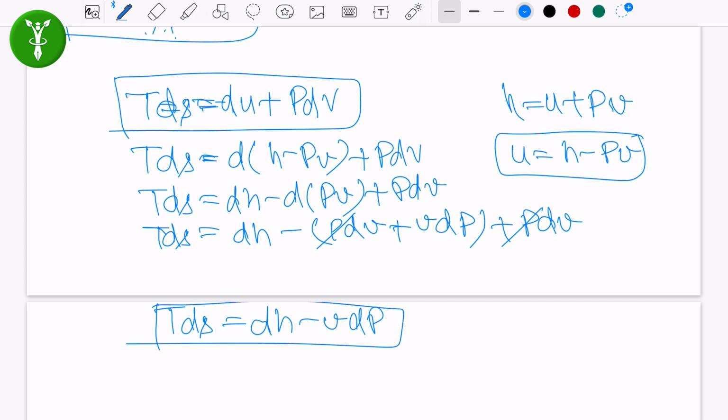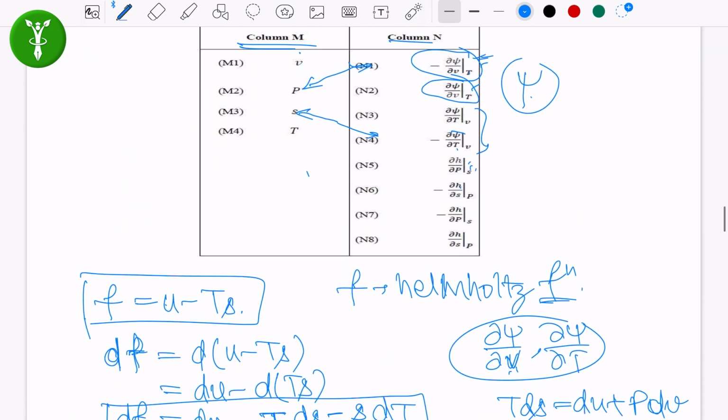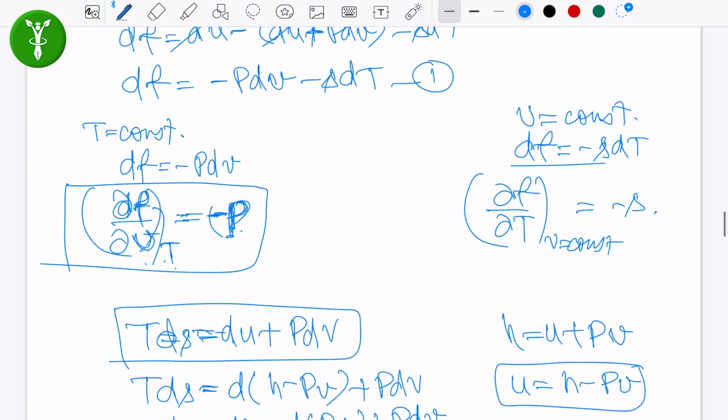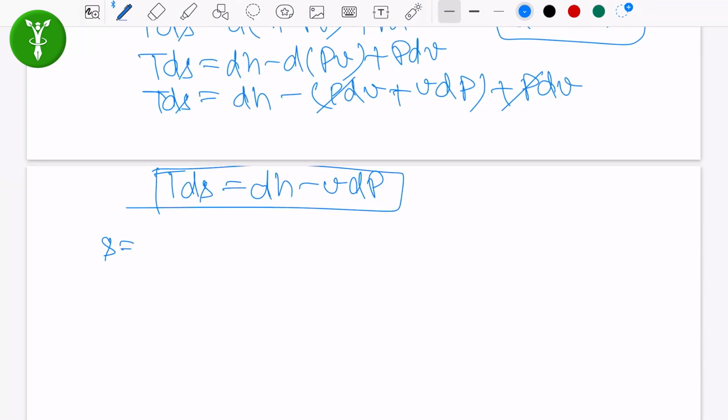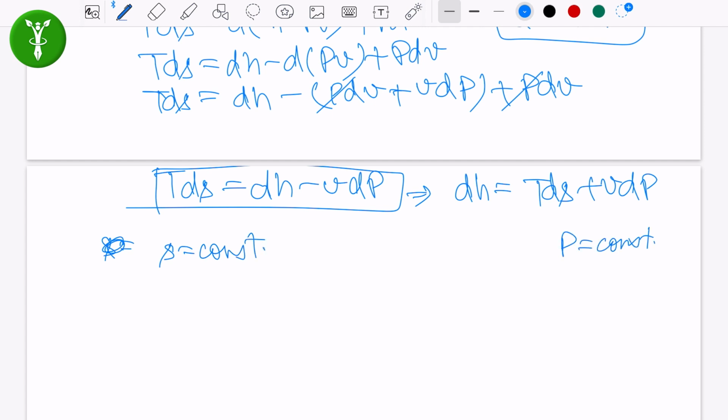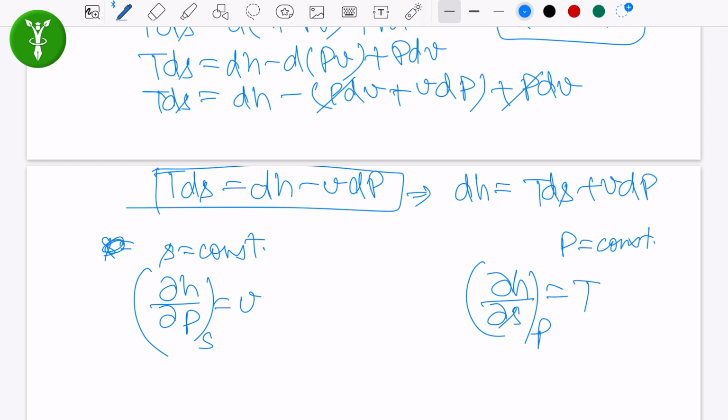Now see what I have to calculate: del H by del P and del H by del S. So I can write this as dH is equal to TdS plus VdP, right? Entropy constant here and pressure constant here. So this will become 0 in this case. Del H by del P will give V at constant entropy, and del H by del S at constant pressure will give temperature.